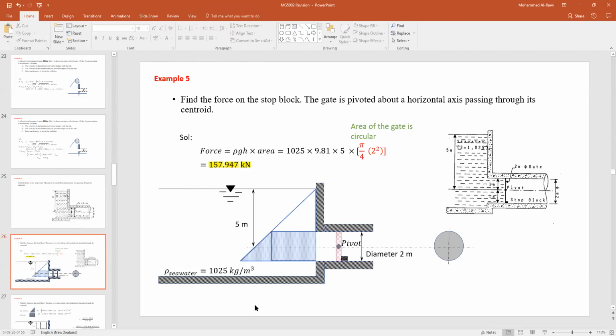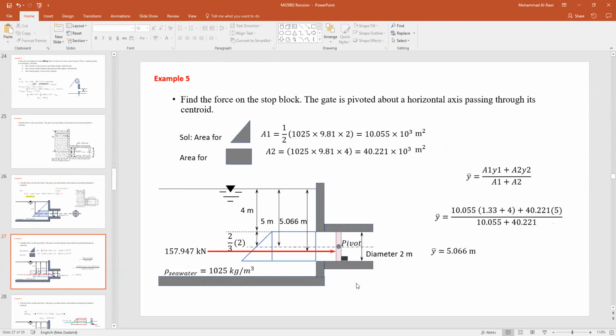Now, what I want you to look at, guys, is really very important. The location of this force should be at some point below the centroid of the gate, around that point. If we want to find the centroid from the surface of the seawater, we need to apply what we've done for finding the centroid for different areas.